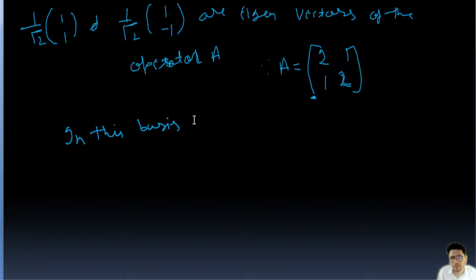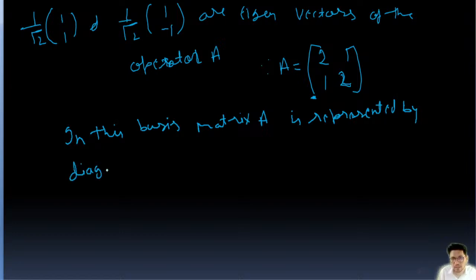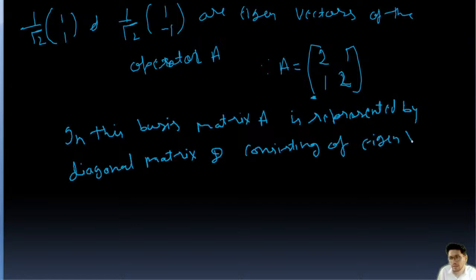In this basis, matrix A is represented by a diagonal matrix D, consisting of the eigenvalues of A on the main diagonal.